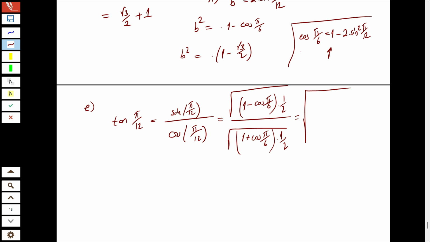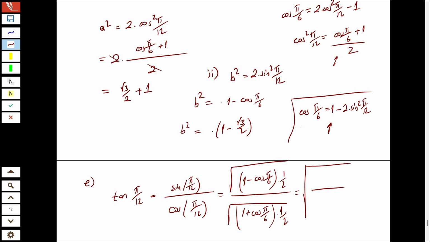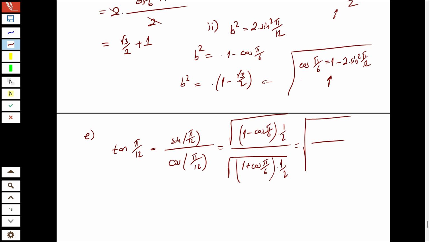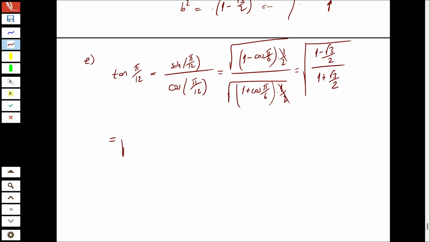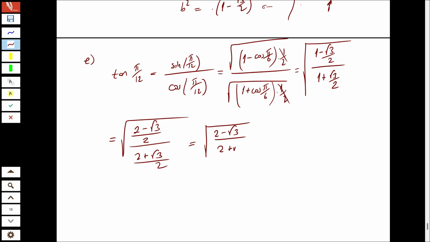We can write in the same square root. And the first one will be, yeah, here, we can cancel 1 over 2: 1 minus square root of 3 divided by 2. And the second one will be 1 plus square root of 3 divided by 2. Okay? And you can also simplify this: square root of (2 minus square root of 3 divided by 2) and (2 plus square root of 3 divided by 2), which will give us square root of 2 minus square root of 3 divided by 2 plus square root of 3.